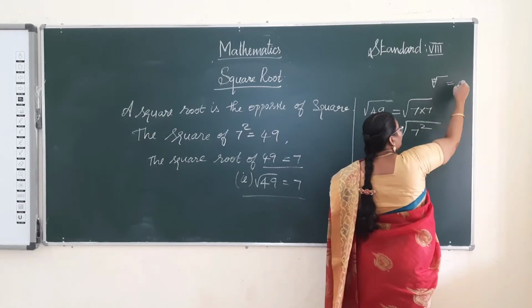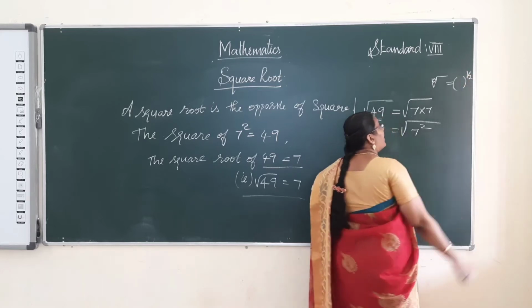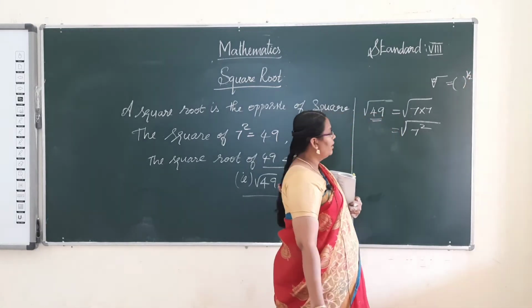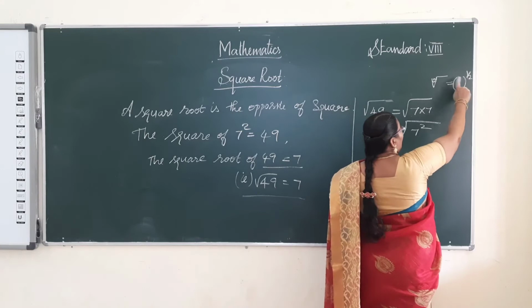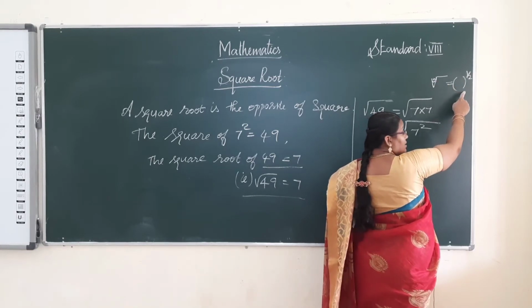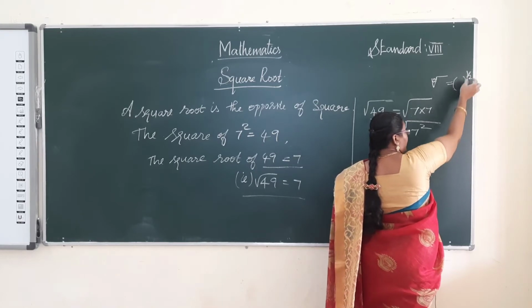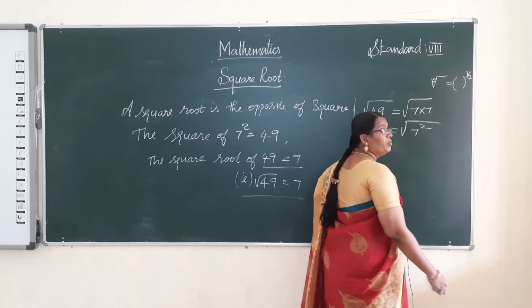The square root of a number can be written as the power of 1 by 2. Write the power 1 by 2 on the given value.